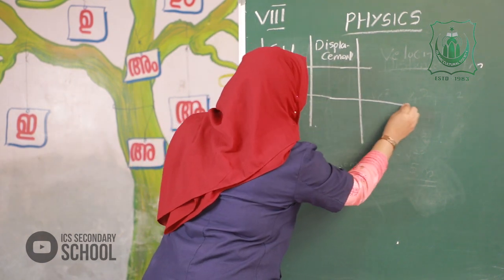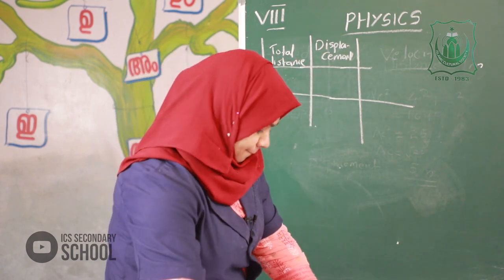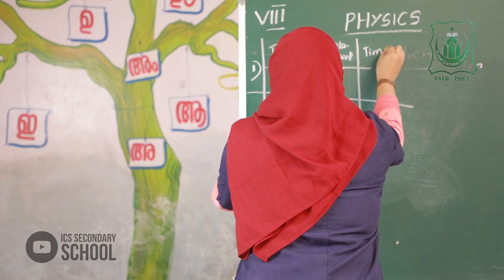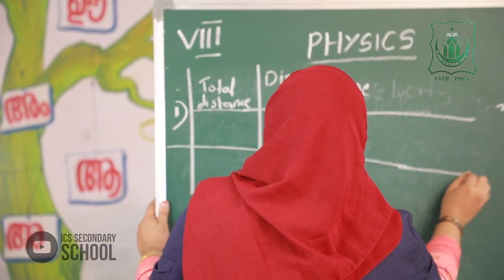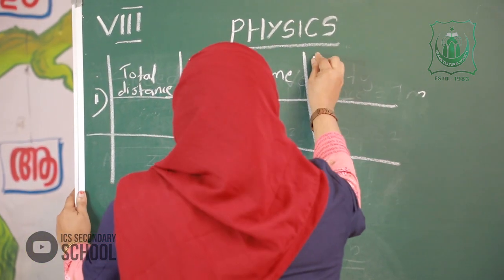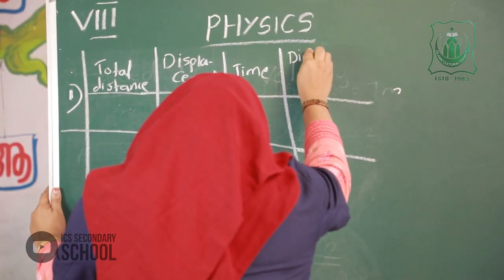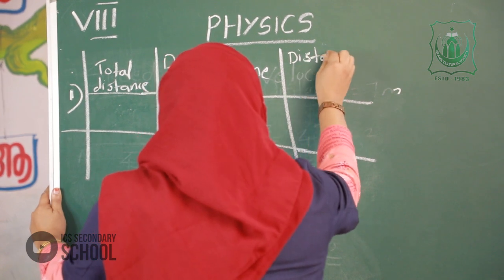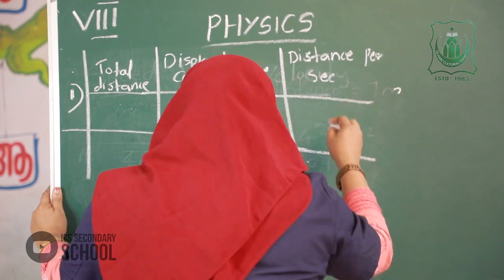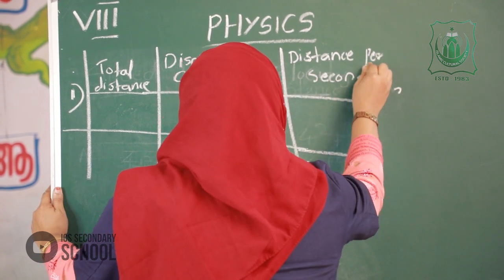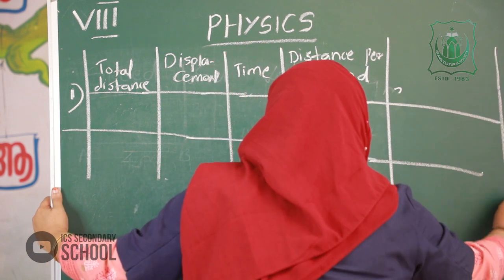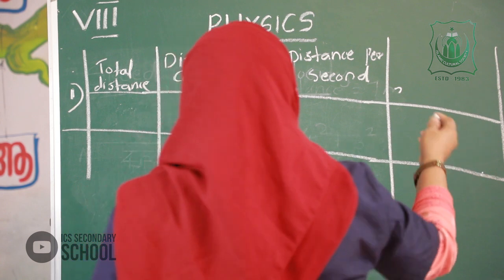Then we want to find out the time. Time given here is 600 seconds. Displacement per second. Next, sorry, distance per second. The next column, displacement per second.